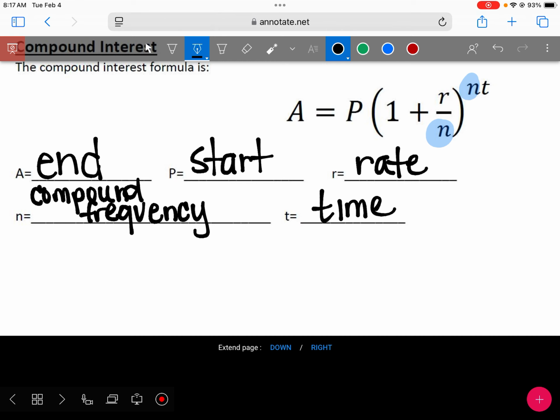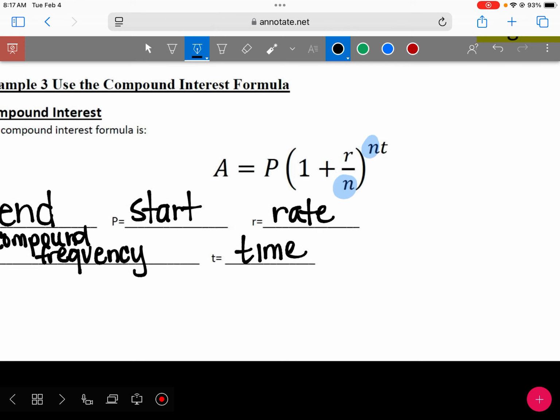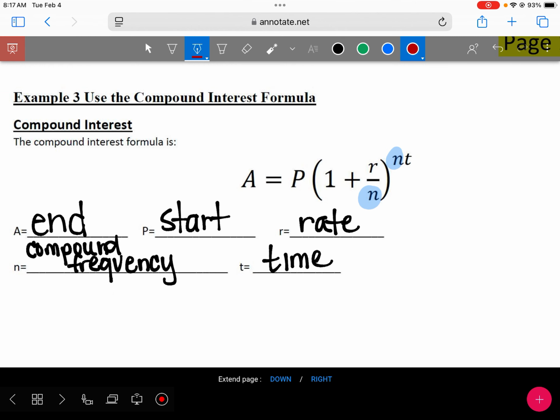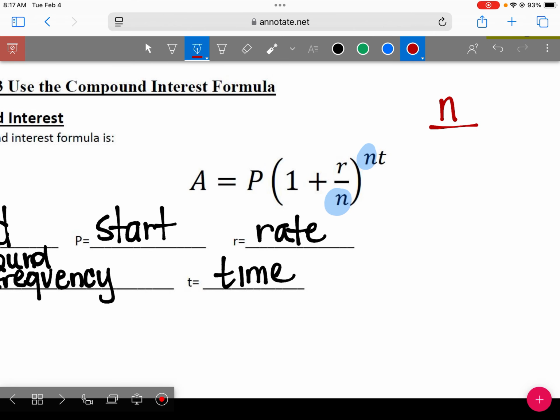All right, so let's talk about what these N values could be. So off to the right, we'll write our possible values. What are some numbers that we can use for N? All right, so first is if it says annually, that means that N is 1.